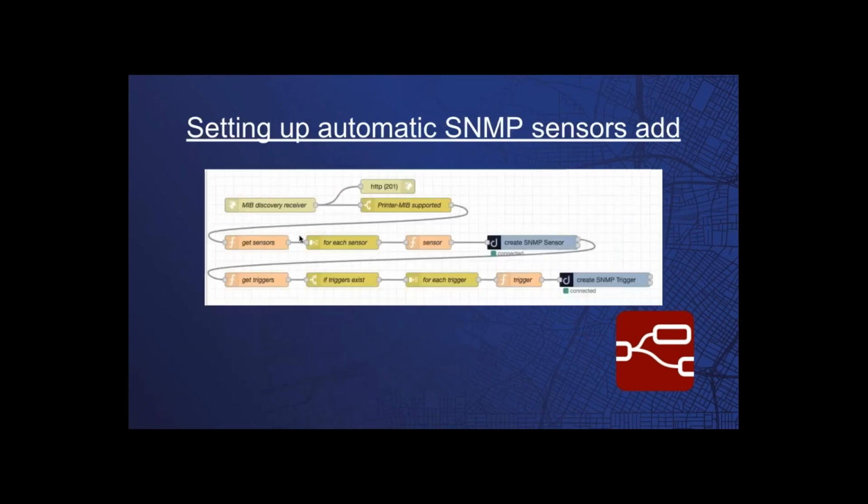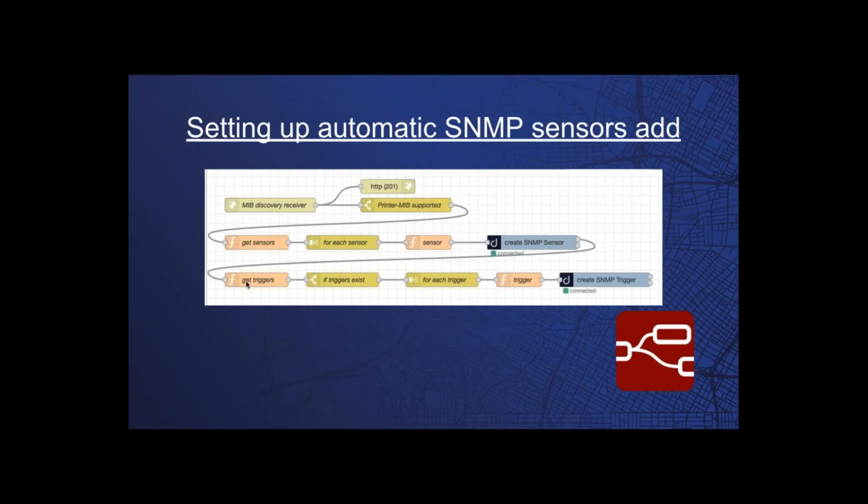And in the second flow, we create an HTTP receiver that listens for Domotz notifications, and every time Domotz notifies the webhook, it will trigger the computation of this flow that, in case the printer MIB is supported in the device for which we are receiving the notification, loads the template, and for each sensor included in the template, we create the SNMP sensor in Domotz.